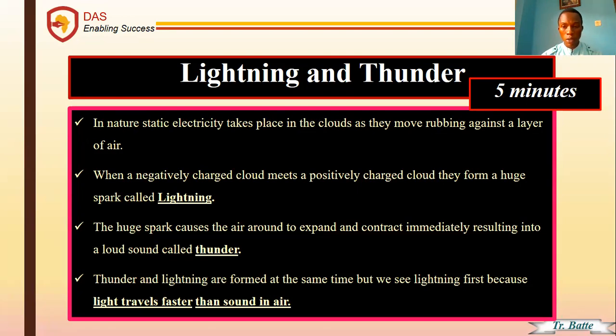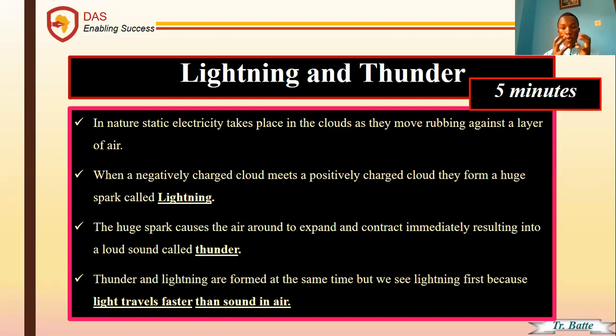Of course, when it is heated, you know, effects of heat on matter, it expands matter. So when the air around those two clouds is heated, it will expand. And when it expands, it contracts at once and it makes a loud sound. That sound that it makes is what we call thunder.